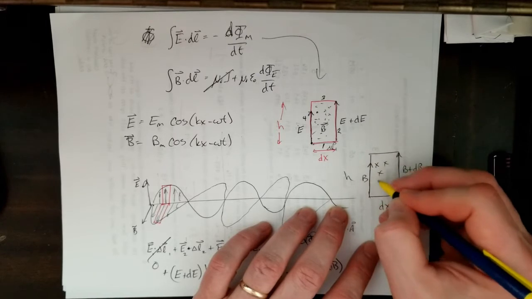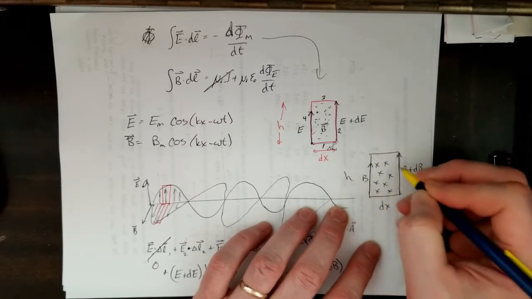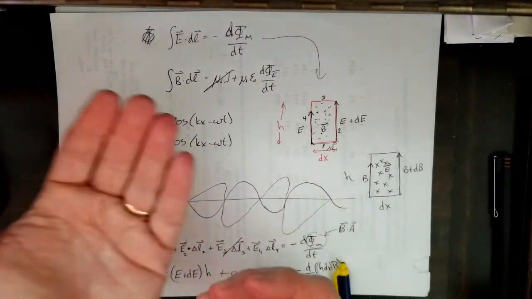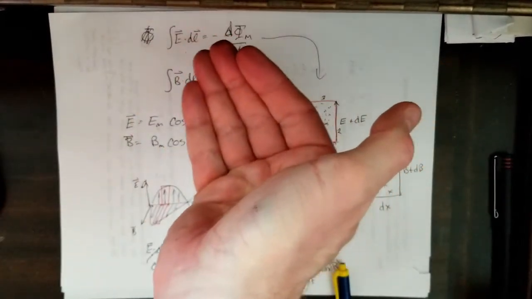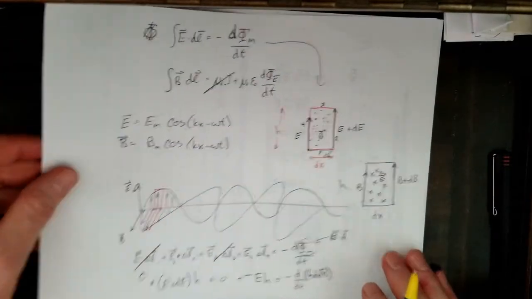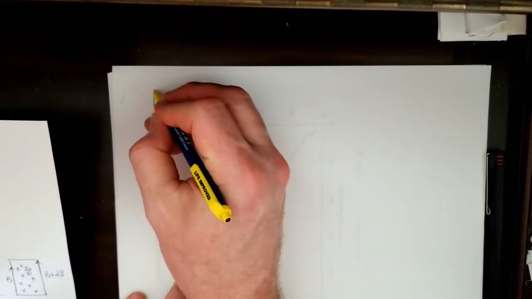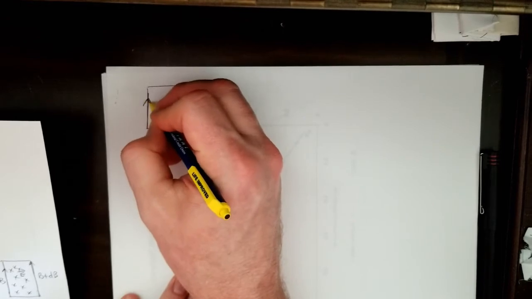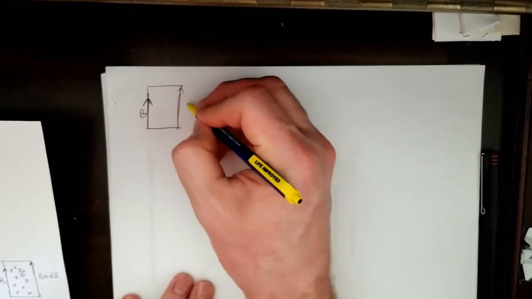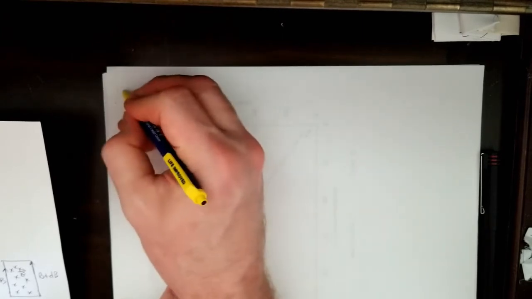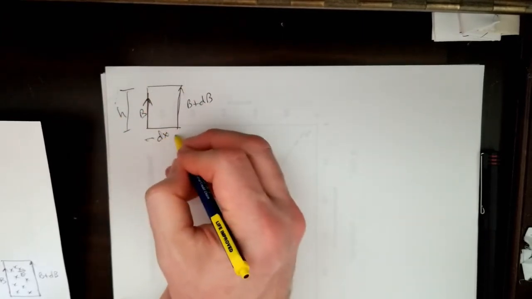And my electric field is going into the board, or into the page. Because again, it was like this, and I'm tilted up that way, so I'm looking that way at it. So let's bring that over here. B plus dB, dx. This distance here is h.